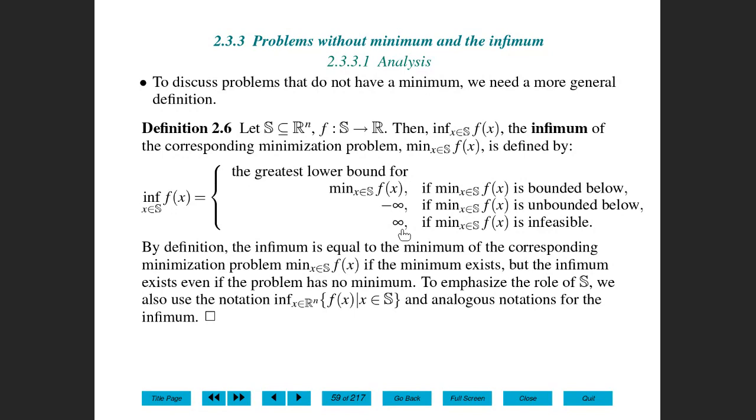I mean, we move from minus infinity to plus infinity. And for the maximizer or the supremum, the two things will be switched, right?